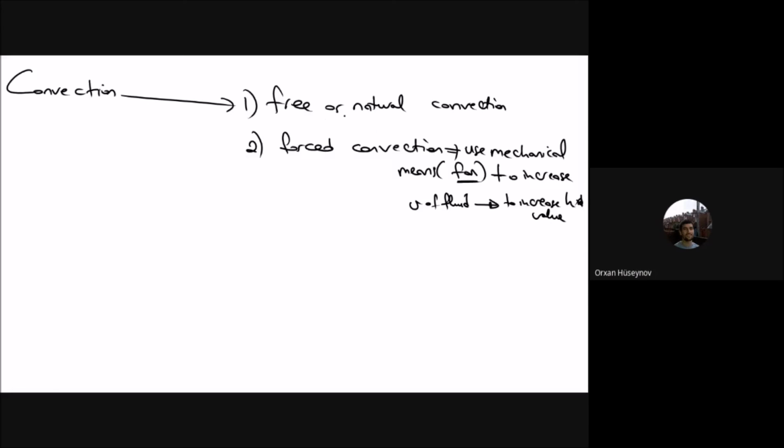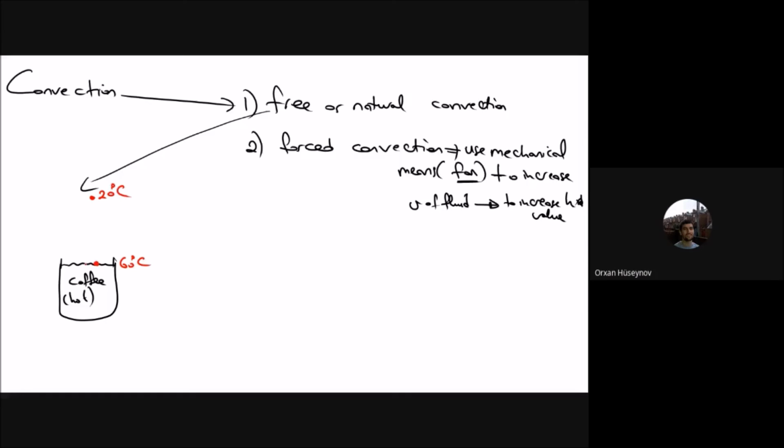And you also have free or natural convection. Let me give you an example, again with the glass. I have the coffee here, and it is hot. Say the surface is somewhere around here. At the surface you have 60 degrees Celsius, and here you have, let's say, 20 degrees Celsius.